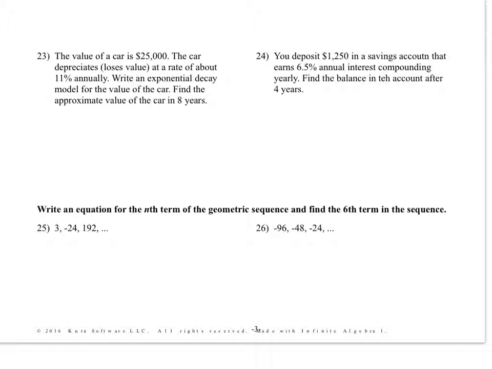Okay, the value of a car is $25,000. The car depreciates, so that's a decay problem. So I'm going to have y equals 25,000 times 1 minus 0.11, because that's 11% as a decimal, and since it's a decay, I have to subtract, and find the approximate value in 8 years, so it would be like that.